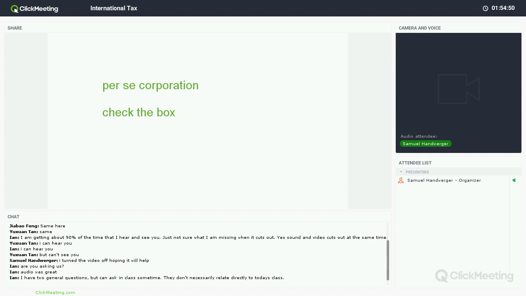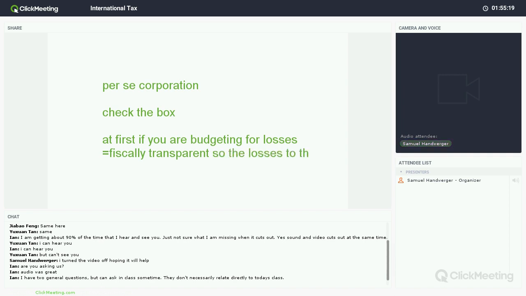We learned that at first, if you are budgeting for losses, you want to be fiscally transparent so the losses flow through to the parent. That's the best tax planning you could have, those losses flow through to the parent.